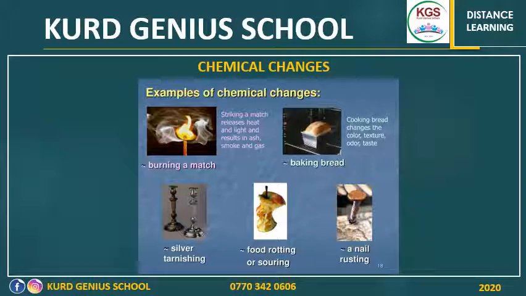Cooking bread changes the color, texture, odor, and taste. That's why we have a new substance. Nail rusting. Rusting is also an oxidation reaction. That means another new substance is formed. We have so many chemical reactions and we can observe them in our daily life.